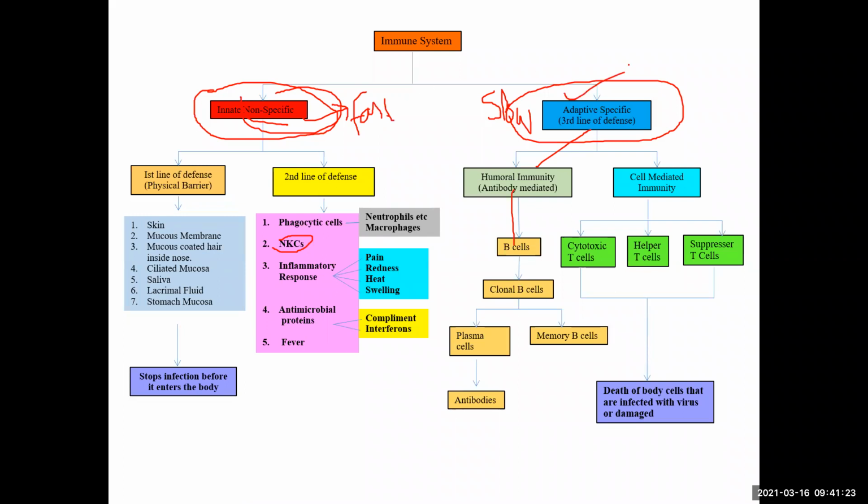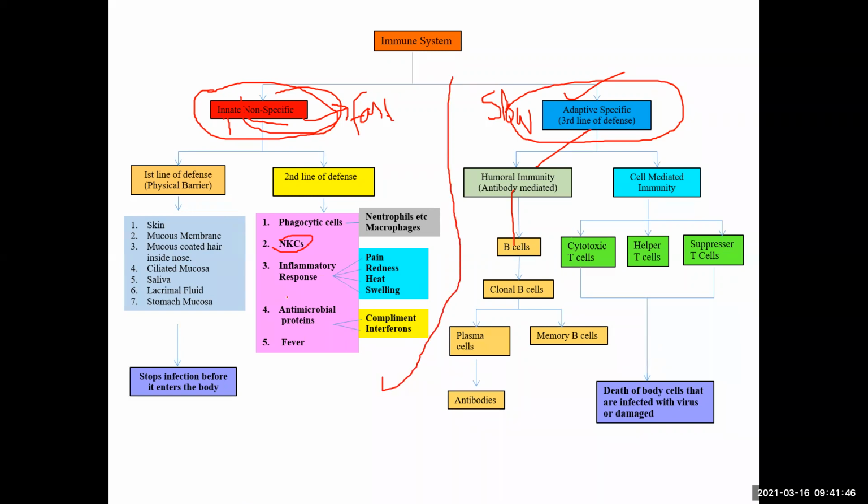Now, difference number two: the function of the innate is to try to stop the infection before it crosses our basic body defenses, our basic body barriers like the skin and mucous membrane. So it does not want the adaptive system to get activated.